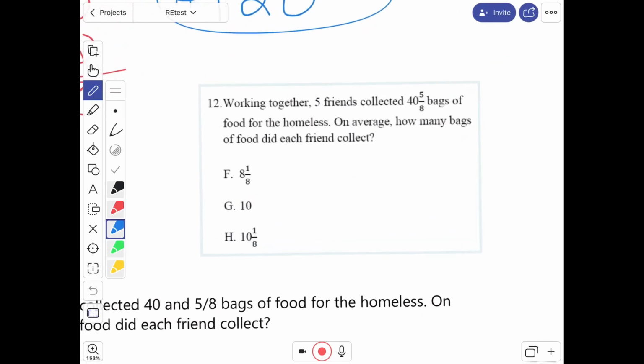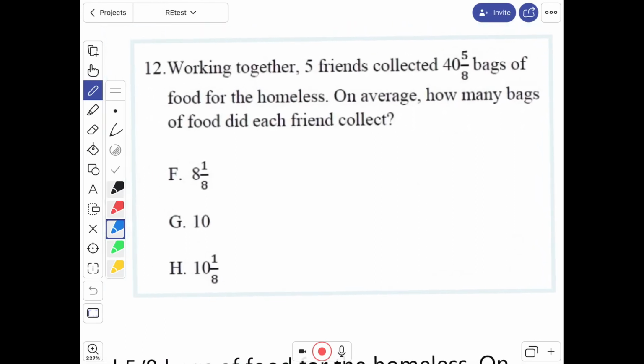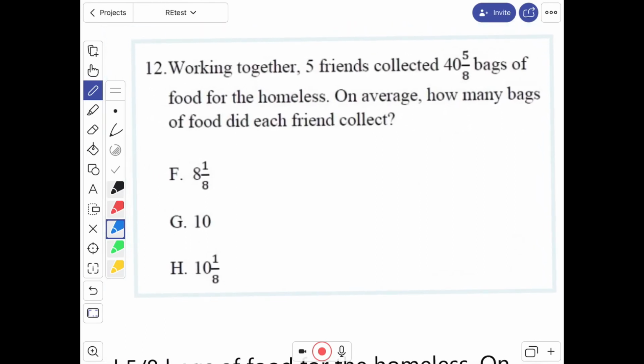Last question, number 12. Working together, 5 friends collected 40 and 5/8 bags of food for the homeless. On average, how many bags of food did each friend collect? So they're asking for each friend. That means we're going to be dividing 40 and 5/8 by 5 friends.